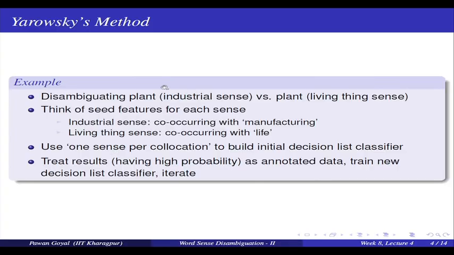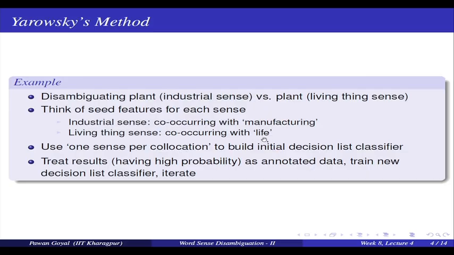The idea would be, let's take the same example, the word plant. It has two senses, one is the industrial sense, another is the living thing sense. So I will start with some seed labels or seed collocations. Suppose I say that for the first sense, that is industrial, if the word plant occurs with manufacturing, it will have only the first sense.